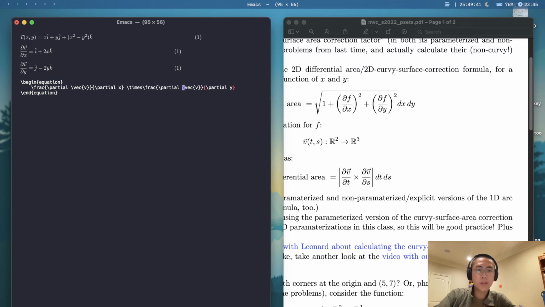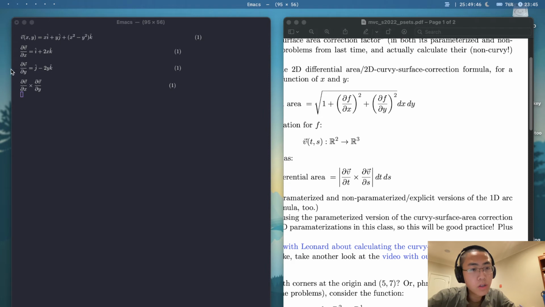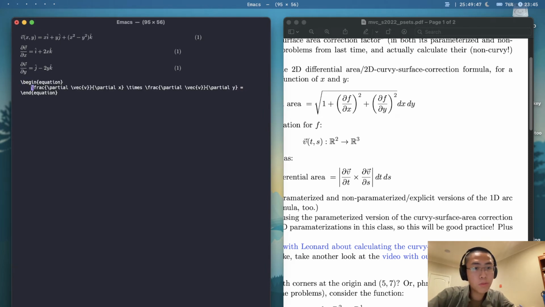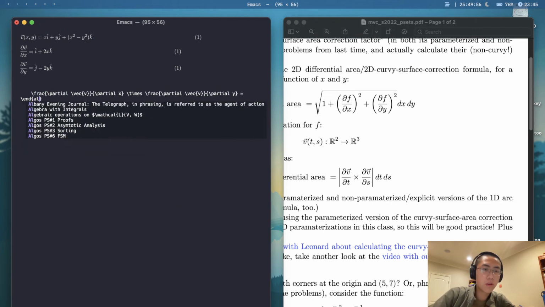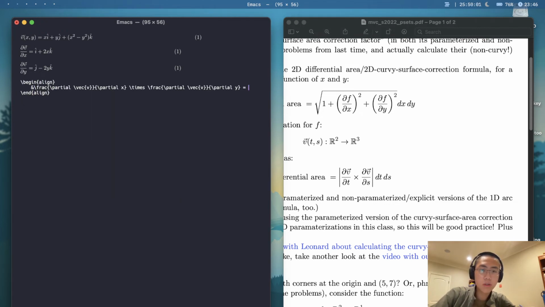We're trying to figure out what this is. Eventually we'll need to figure out the magnitude of this, but bear with us. Because of the fact that cross products distribute, we can do a little bit of distribution, which is nice. We just have to remember what to distribute. So let's write that there.